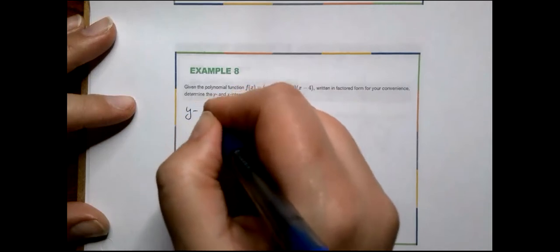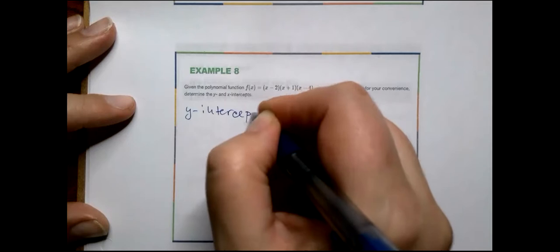So how do we find those intercepts? Here we have an example where the function is written in factored form already, and we need to find the x and y intercepts. Just like with linear equations, in order to find the x and y intercepts, let's start with the y-intercept.